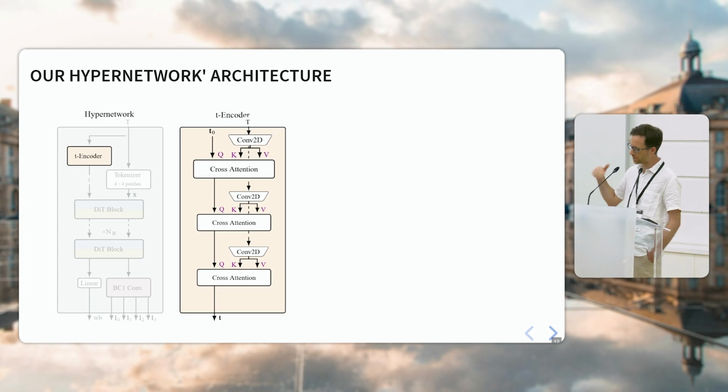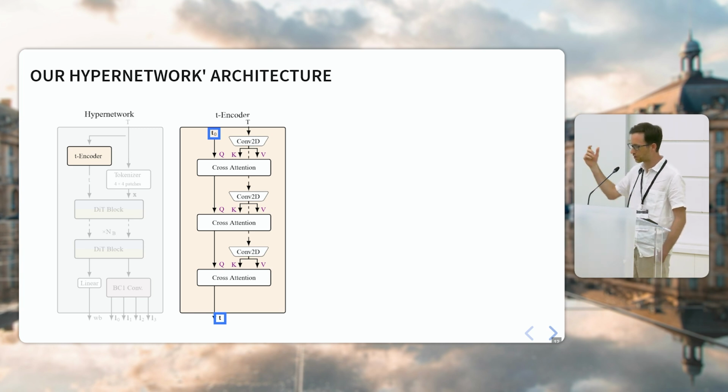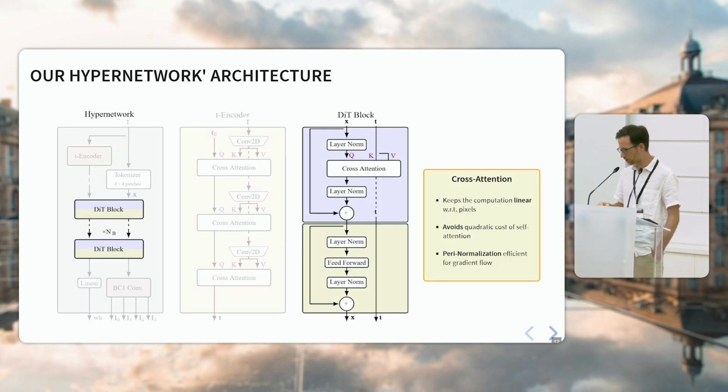It's a series of convolution and cross-attention blocks where we start from a frozen T0 latent code, and we update it by doing cross-attention with the input texture set so that it gathers information from the texture set at different resolutions. Once we have that, we have our T tokens, and we now need to update the X tokens, which are responsible for the latent.